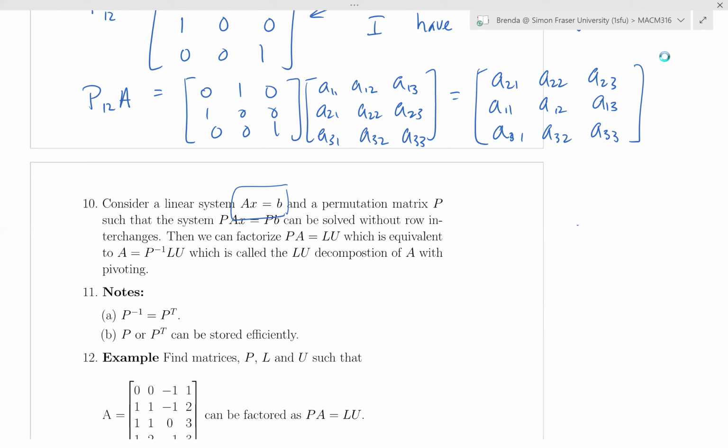So I've collected all of the row exchanges and put them into P. Then we can factor PA as LU, which means we can factor A like this. That is what's called the LU decomposition of A with pivoting.